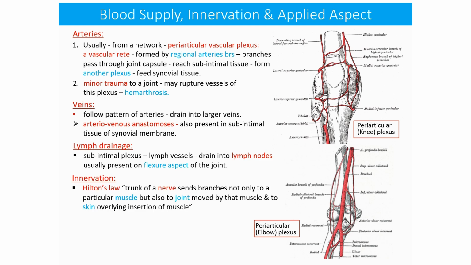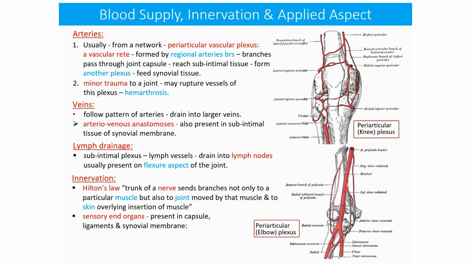As regards the innervation, one must remember Hilton's law, which states that the trunk of a nerve sends branches not only to a particular muscle but also to the joint moved by that particular muscle and to the skin overlying the insertion of that particular muscle.